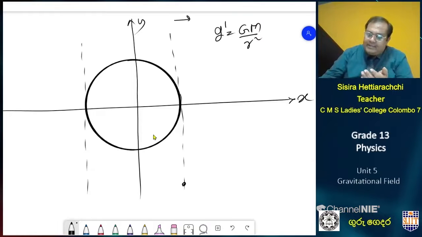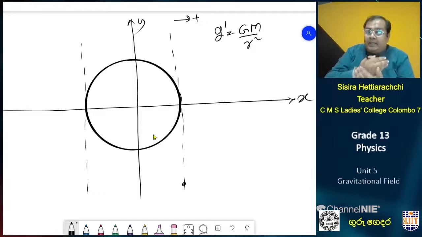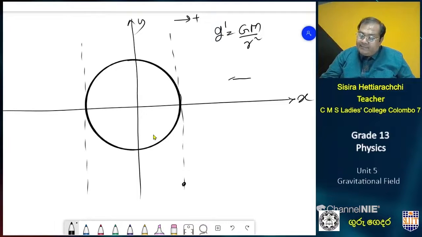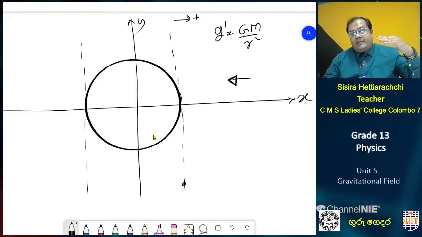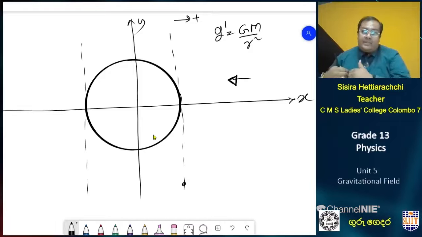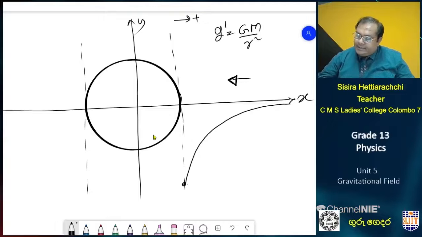If you consider the right side as positive direction, gravitational force is towards the earth, therefore it's better we draw that negatively, because this side force is towards this. If you take right direction as positive, then opposite force you'll draw as negative. It's better. Then you can see it's a steep curve. Why is it so?